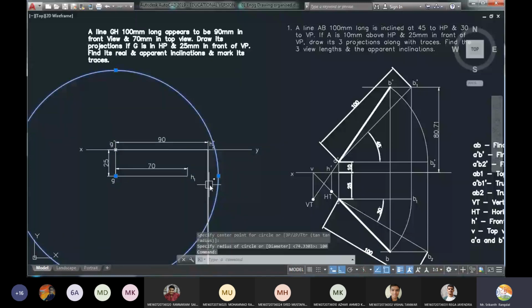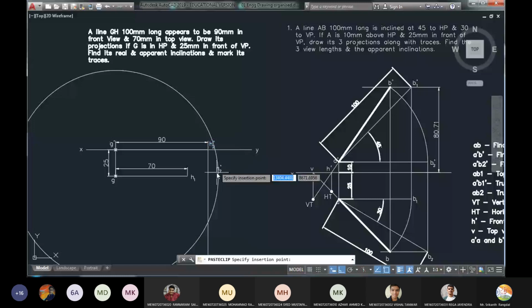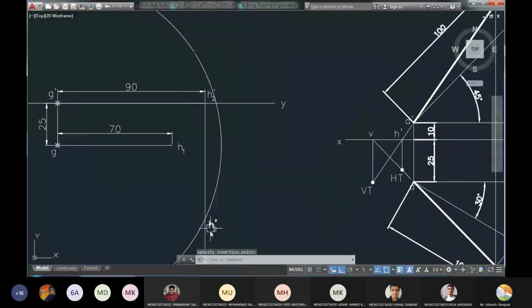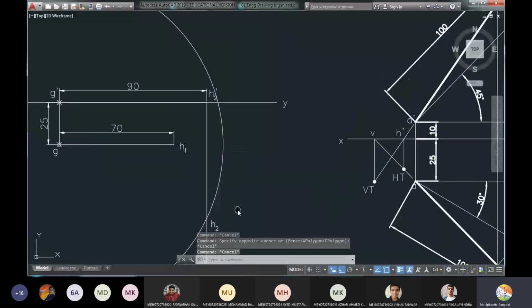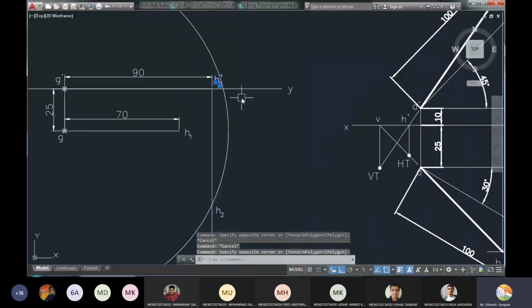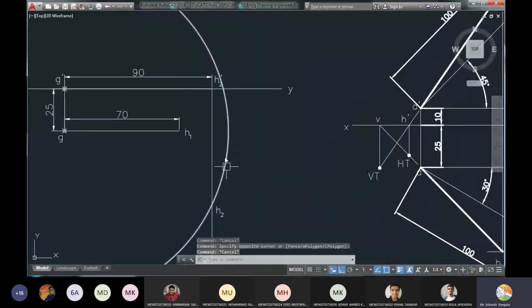What is that point? This intersection point is H2 dash, and here is H2.